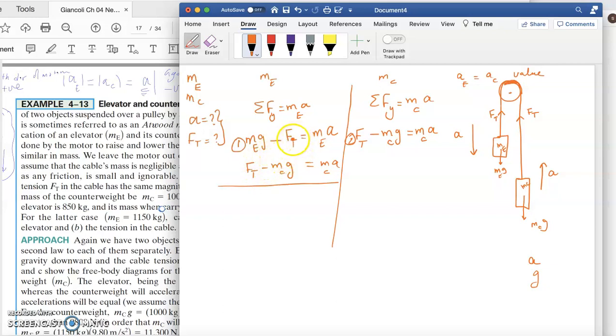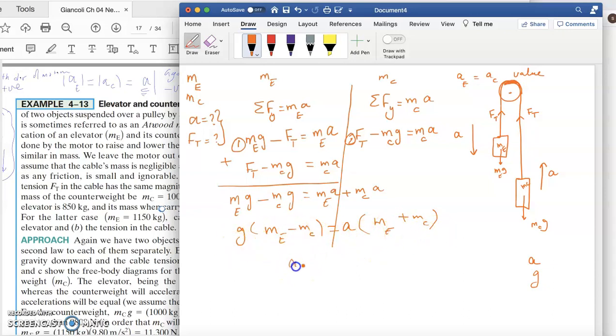I would just add them up to each other because I can eliminate the FT, and I will end up with ME times G minus MCG is equal to MEA plus MCA, because we add up both equations. So G is a common factor, ME minus MC, is equal to A, common factor, ME plus MC. That's it. You plug in the masses.